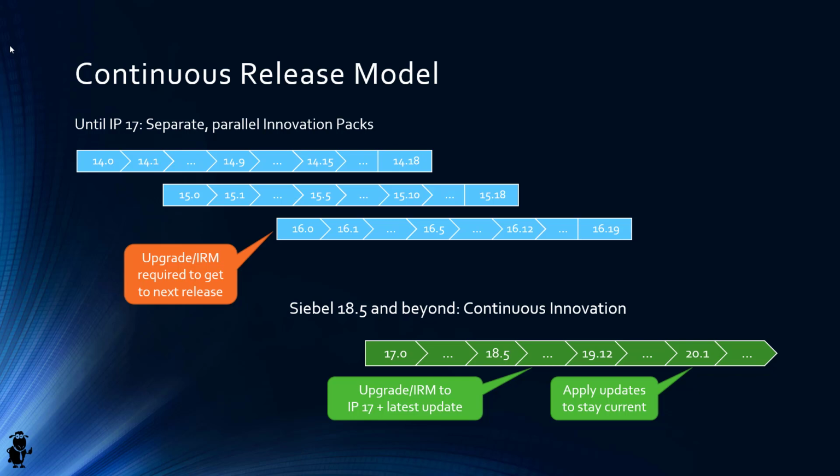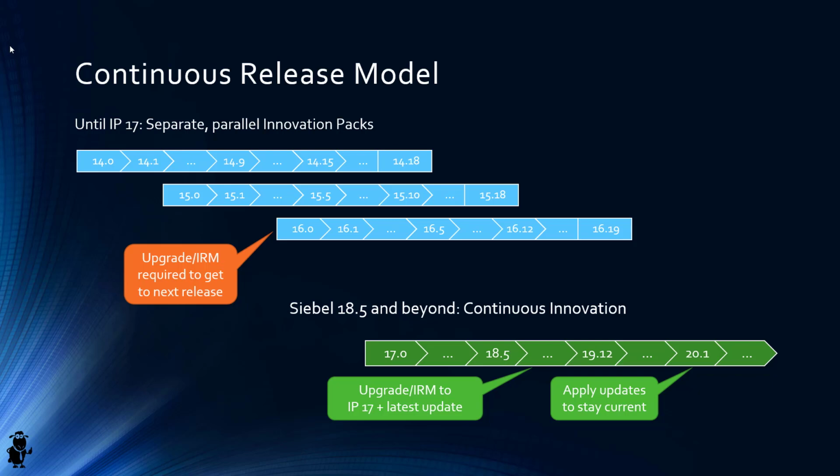And beginning that continuous release model, Oracle decided to just ship monthly updates on top of 17.0 instead of limiting the number of updates to, let's say, 1.5 years' worth, like it was in Siebel 16 or 15, as you can see by the blue bars, and requiring an immense upgrade effort in the area of months or even years to upgrade from, let's say, Siebel 15.18 to Siebel 17.